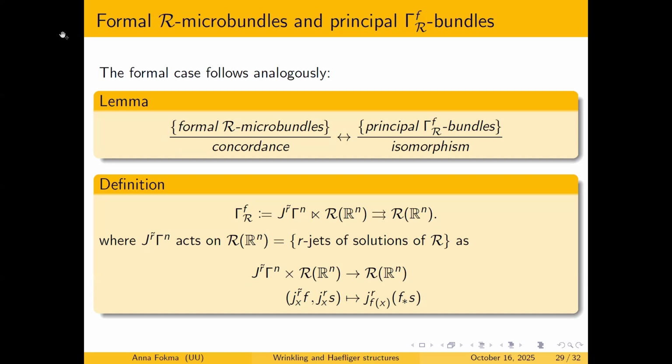But okay, the formal analog. So this groupoid is now the jet analog of the groupoid we had on the previous slide. So we have jets of gamma, so jets of diffeomorphisms of Rn, and we have jets of solutions. But other than that, it's really similar to what we had before.